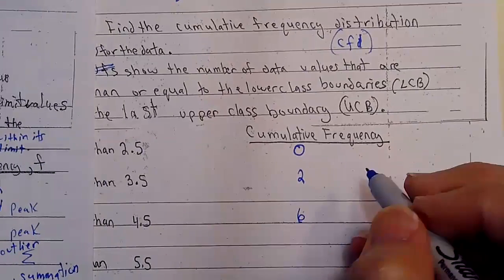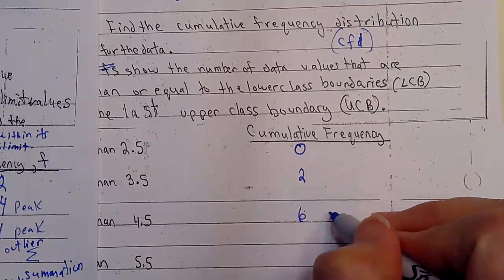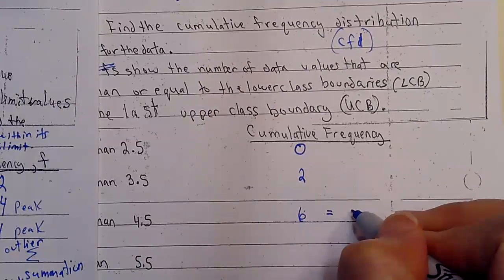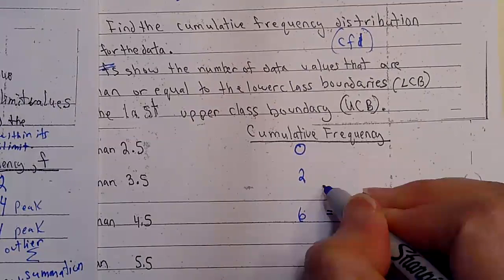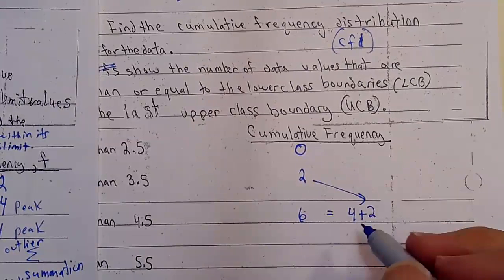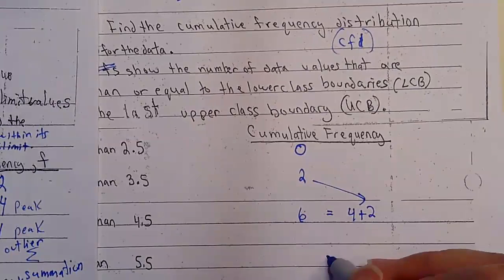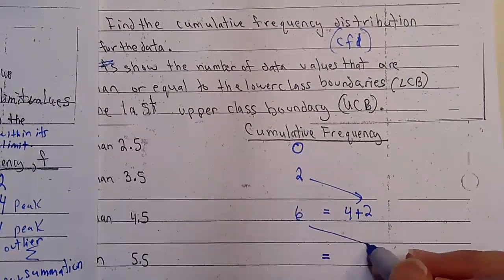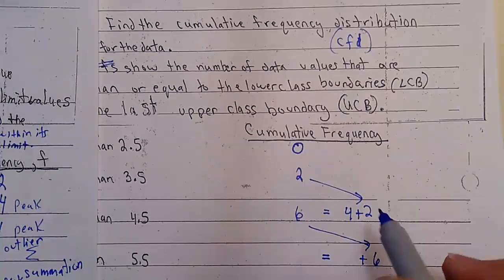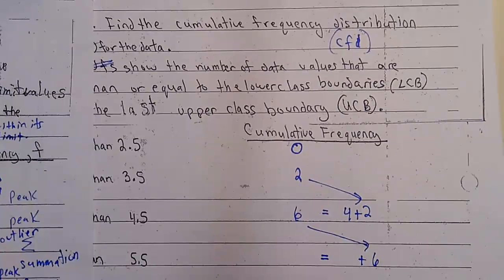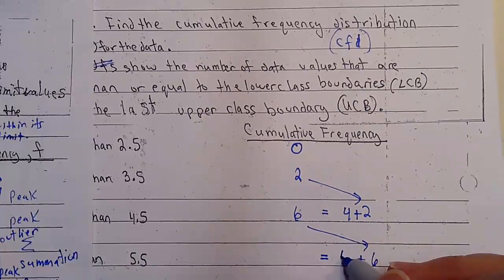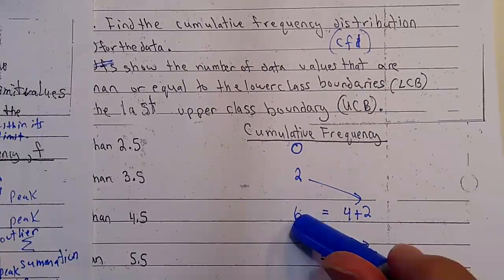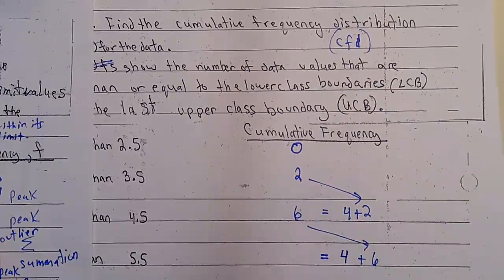So 6 is coming because you have that 4 plus this 2 here. Okay, and then next we'd have another 4 to add to that. So you're adding another 4 to this 6.